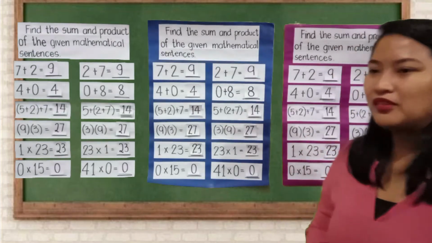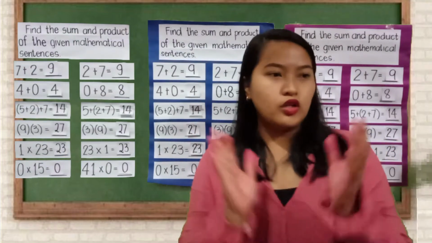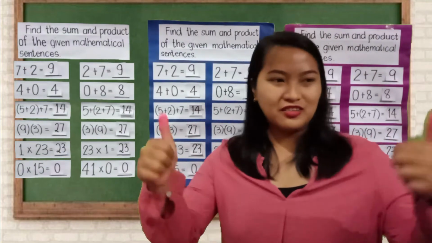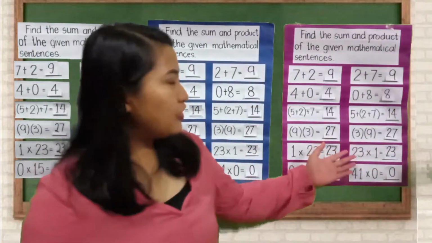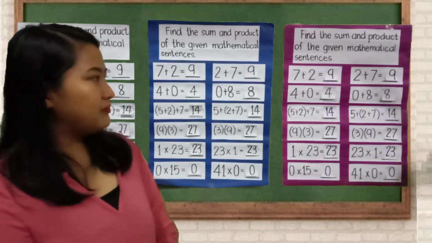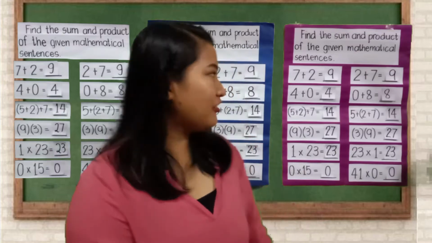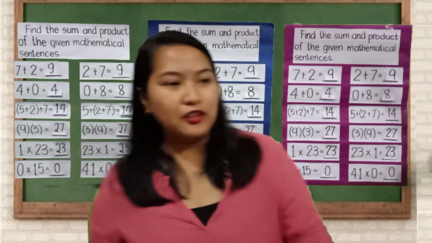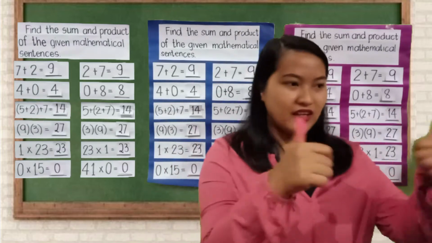Okay, thank you. Let's give another 3 claps for group 2. 1, 2, 3. Very good, group 2. And the last, group 3. Yes, come here. Okay, go on. Thank you. Let's give another 3 claps to group 3. 1, 2, 3. Very good.